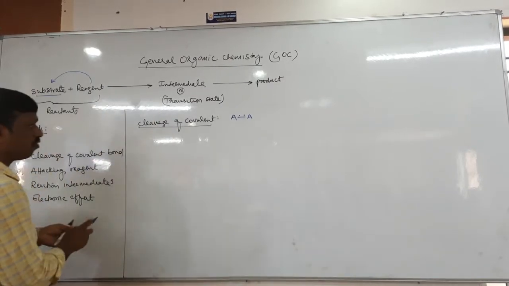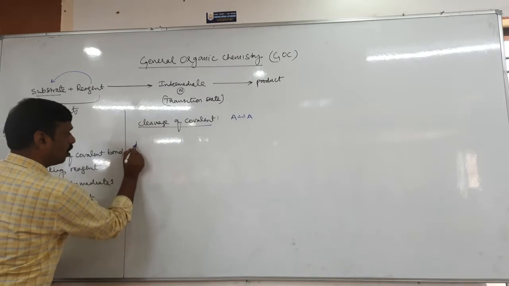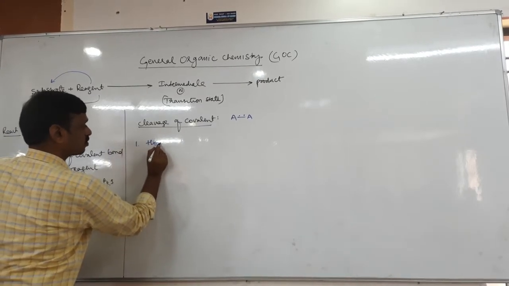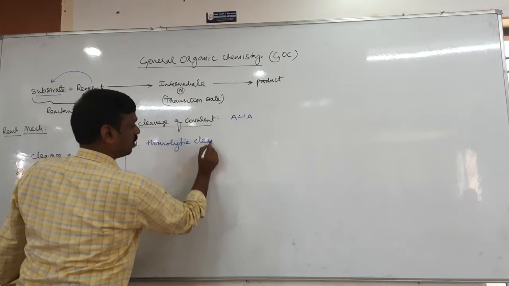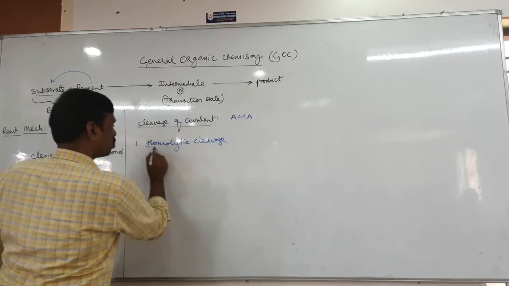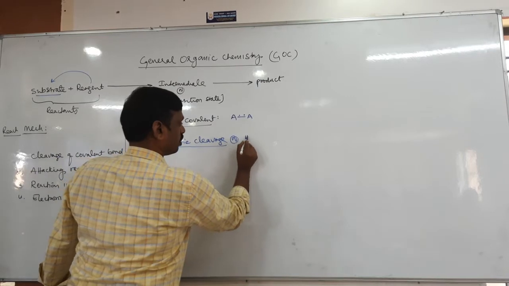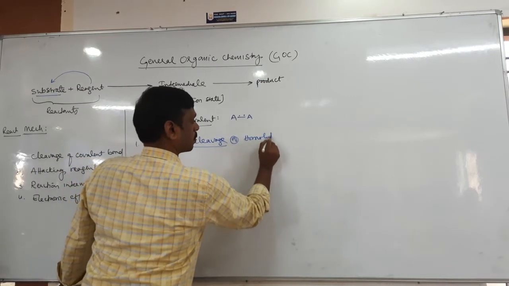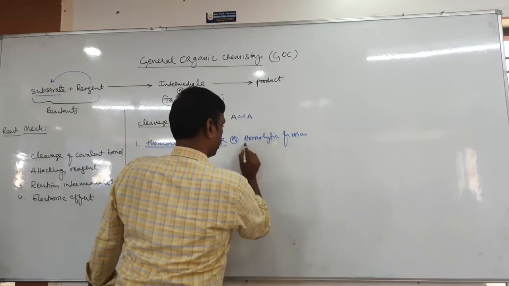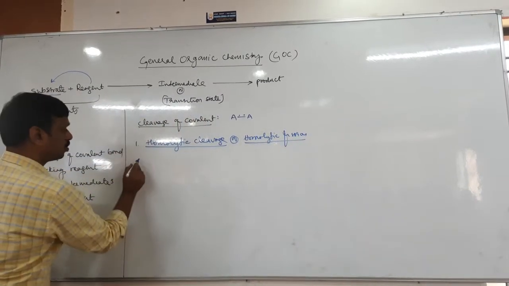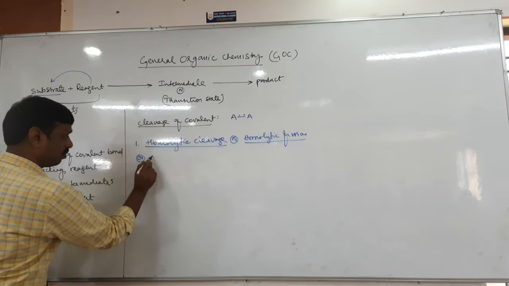So, types of cleavage of covalent bond: one, homolytic cleavage, also called homolytic fission and symmetrical cleavage.